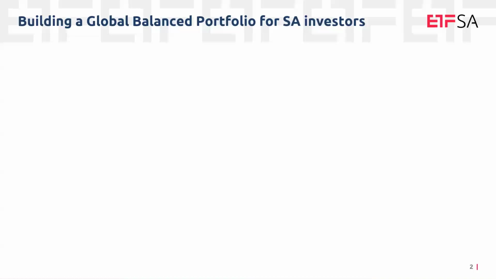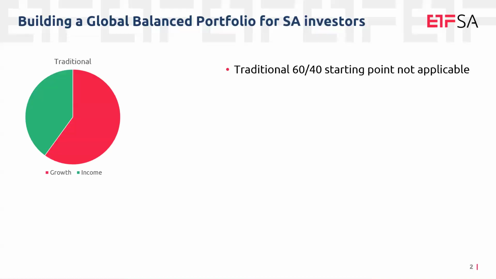Now, many of you might have heard of the classic 60-40 portfolio. 60-40 typically refers to the split between growth assets and income assets, 60% in growth, 40% in income assets. But when you are a South African investor and you are building specifically a global portfolio, so this is not your overall portfolio or asset base that we're talking about, that traditional starting point of 60-40 really isn't appropriate for us.